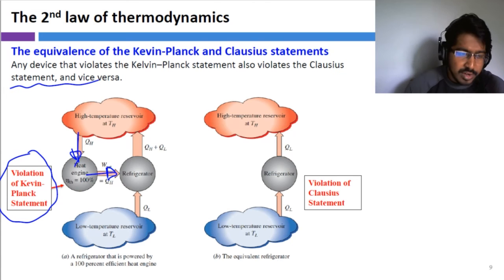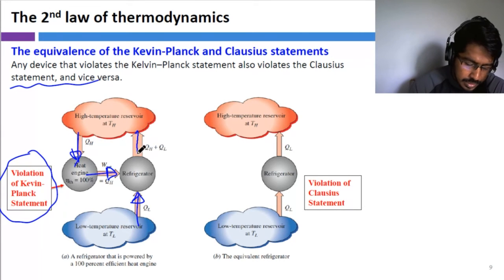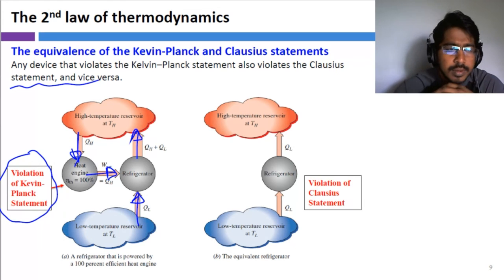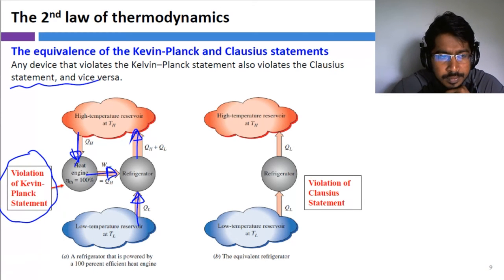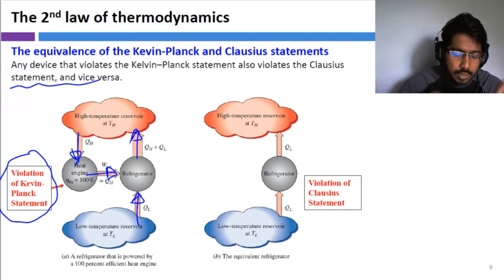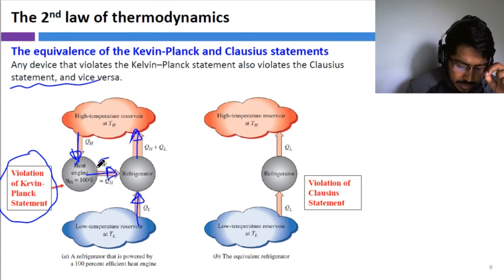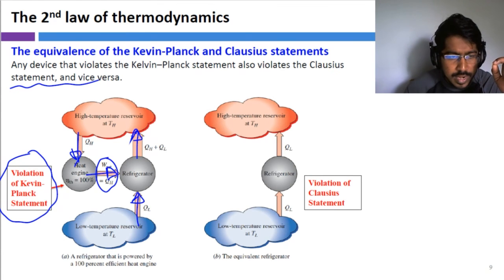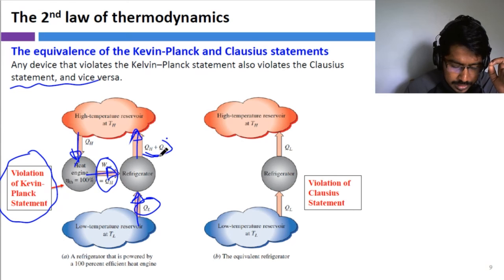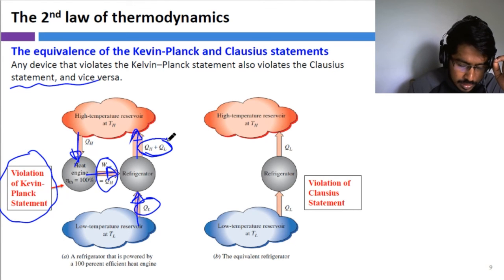And then the refrigeration effect is absorbing heat from a lower temperature reservoir and ejecting it to a high temperature reservoir. Now, looking at this diagram, you can see that W net is the one that is coming into the refrigerator, and QL is absorbed, and this much heat is ejected.